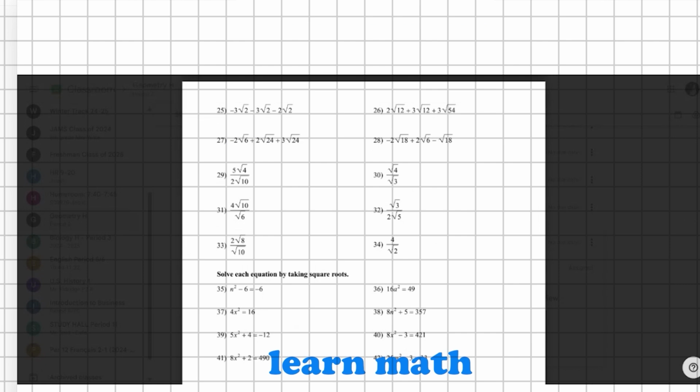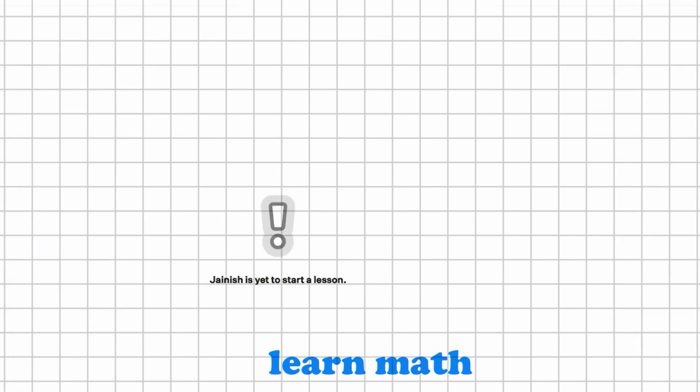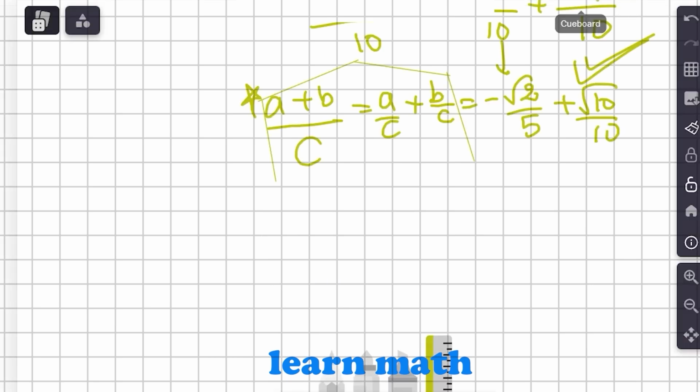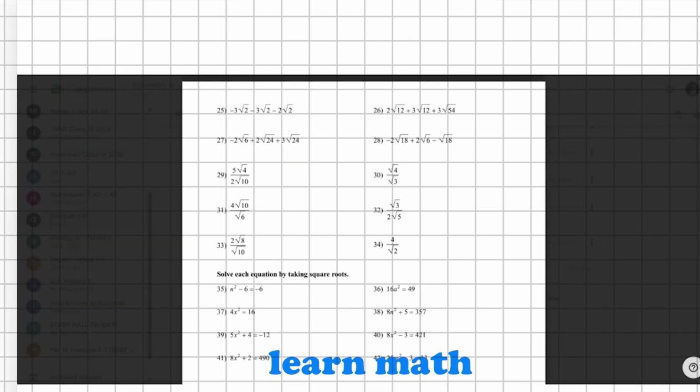Two root 5. Wait, no. 4 root 5 over 5. Yeah. 4 root 5 over 5.